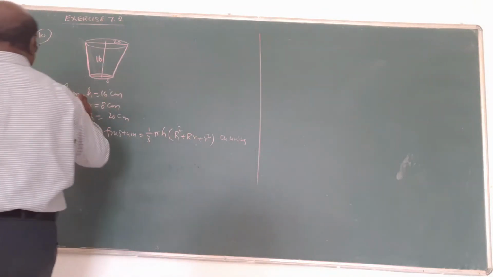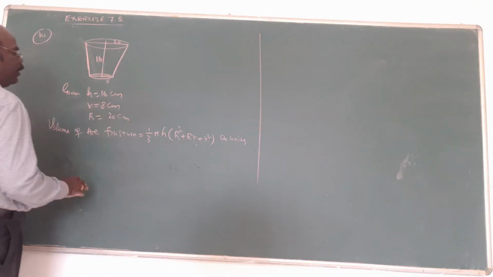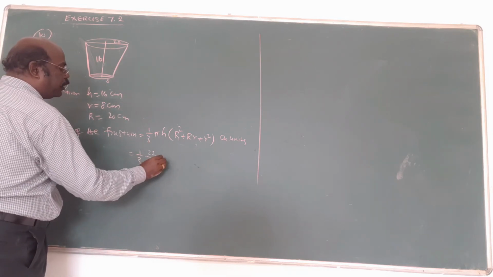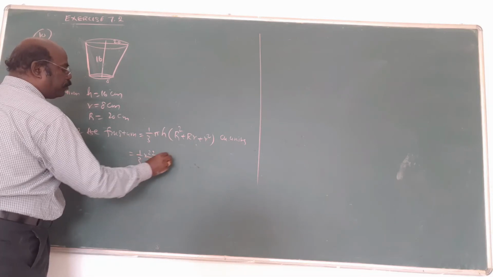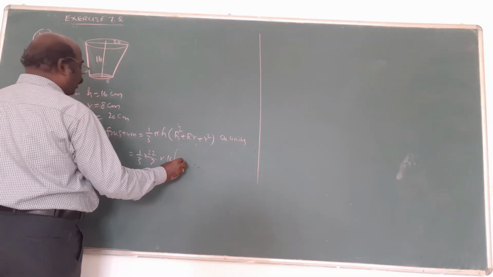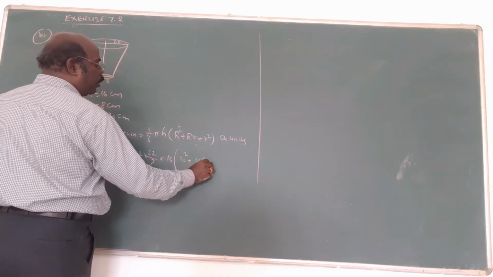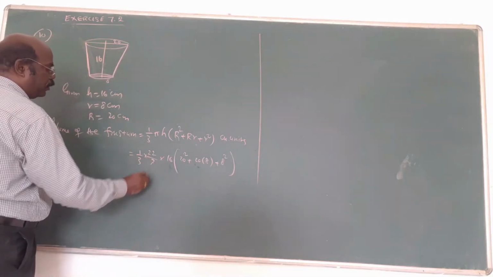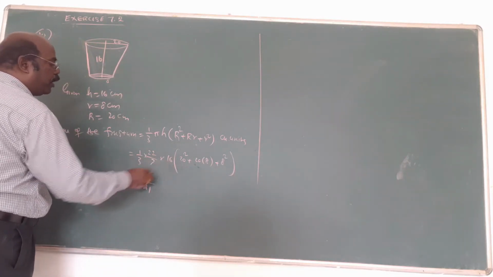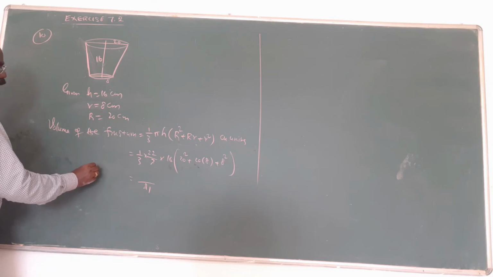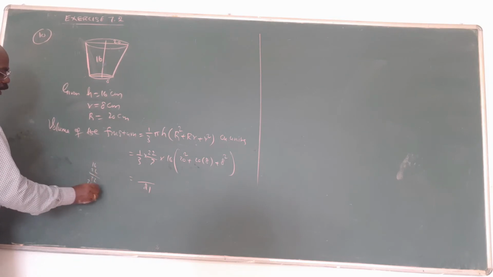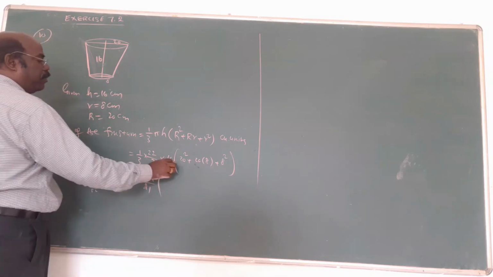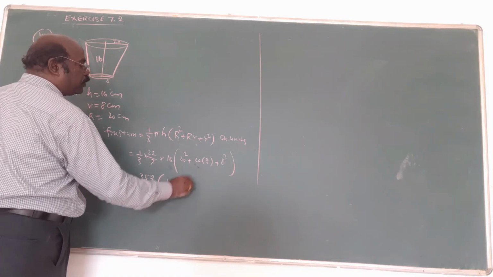Now substitute here: 1 by 3 pi, pi is 22 by 7, h is 16 (after simplifying). Capital R square is 20 square, 400.